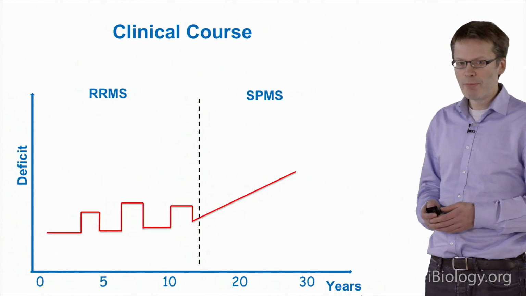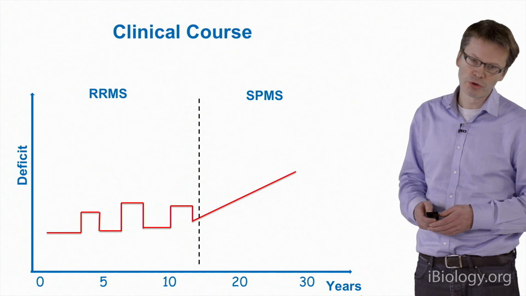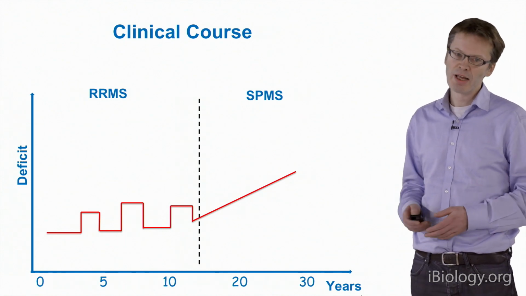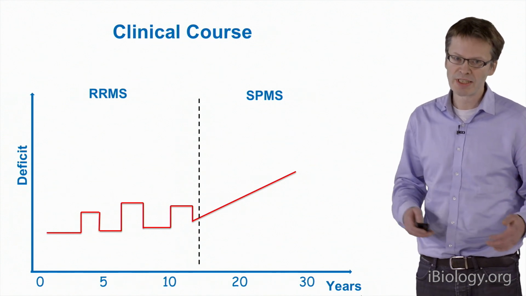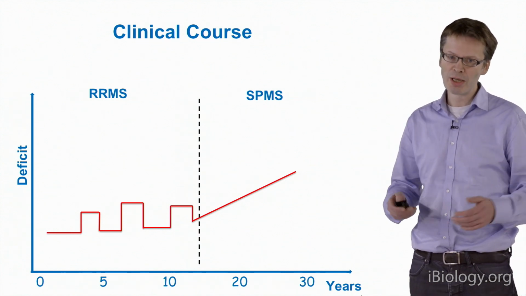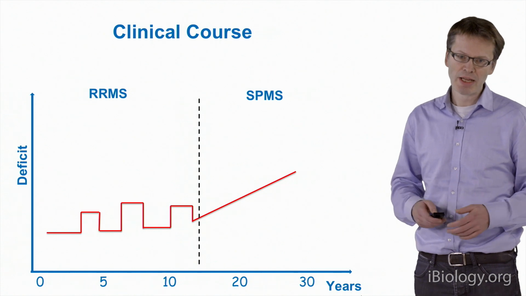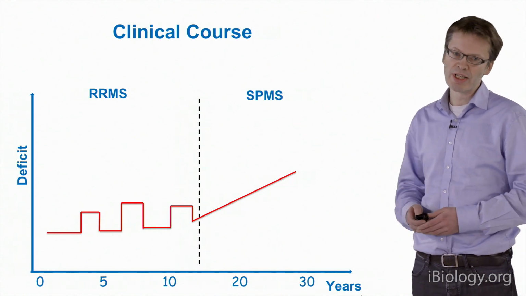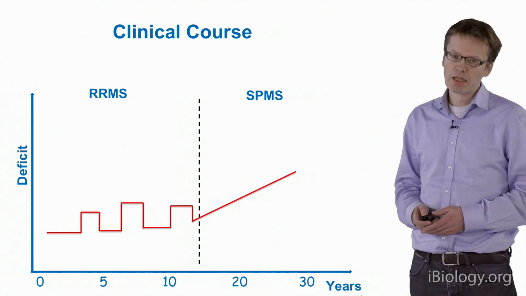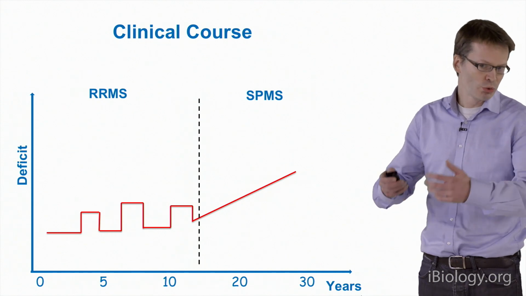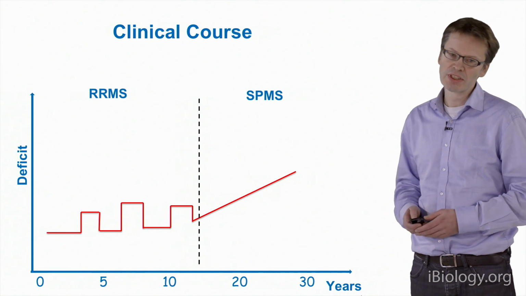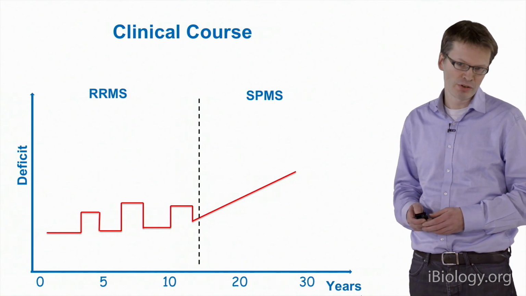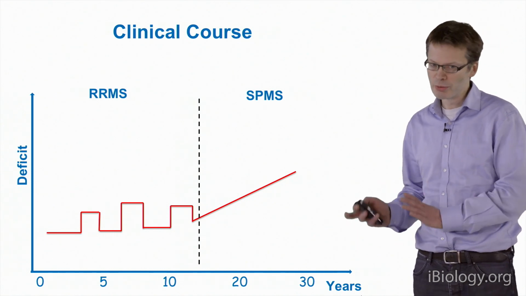The typical MS clinical course is shown here. Typically it starts as a relapsing, remitting disease where patients develop symptoms and then they recover from these relapses, at least partially, and this repeats over and over again until 1 or 2 decades or so, when the disease then converts into a progressive phase, the secondary progressive MS. There are two extreme forms of this.